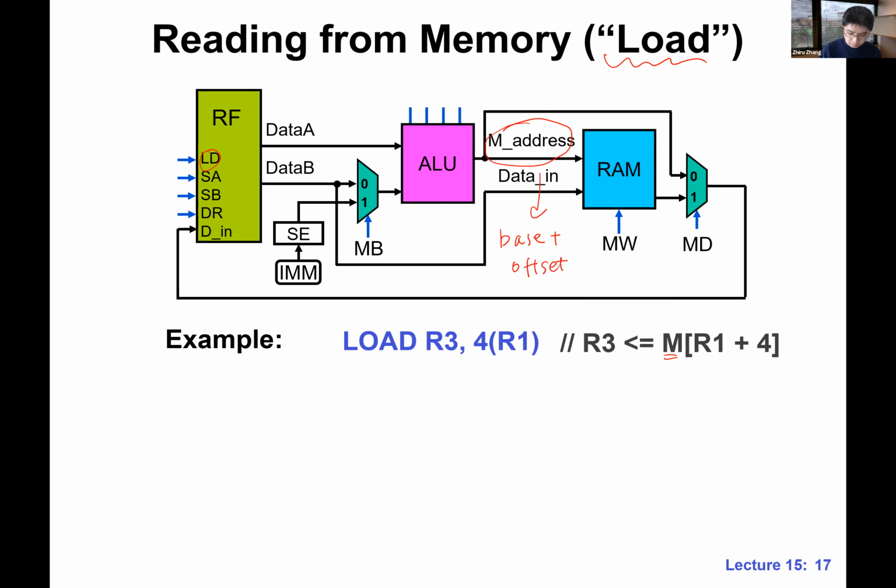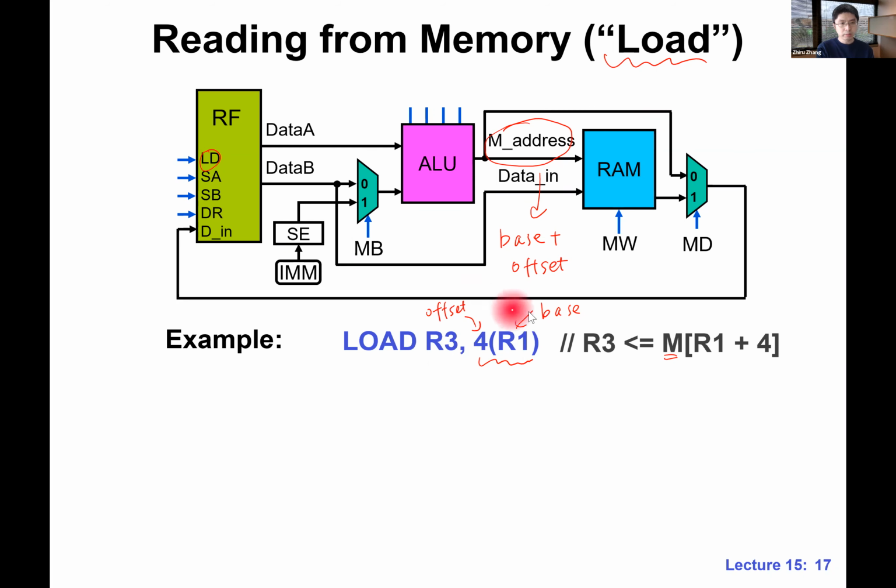The one in the parentheses specifies the base address, and the offset is specified by an immediate, a constant. And we add the base and offset to form the complete address.